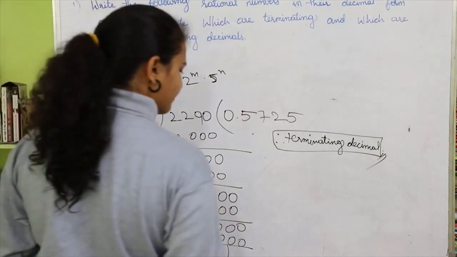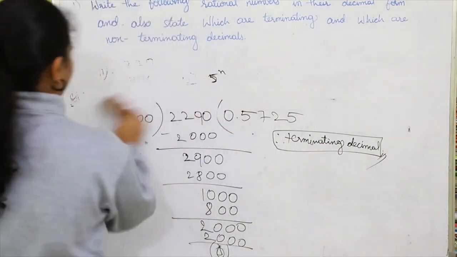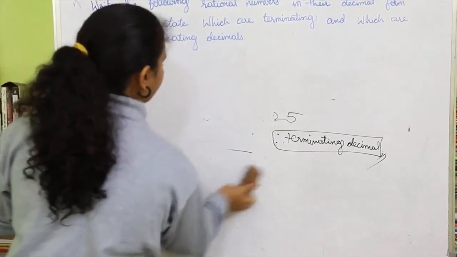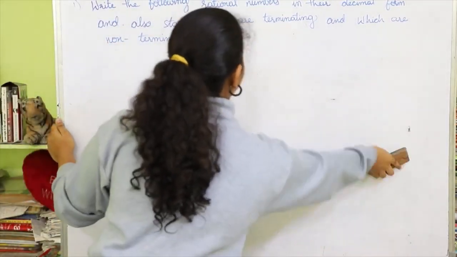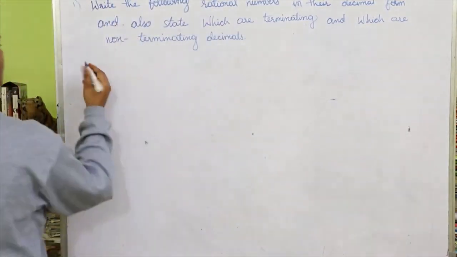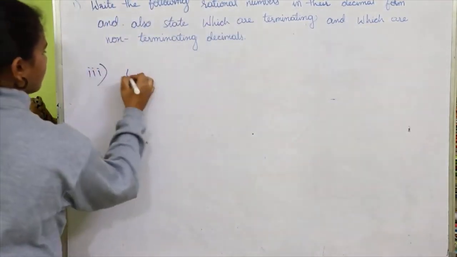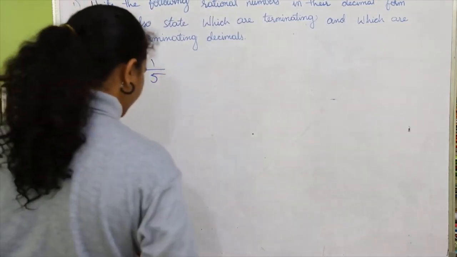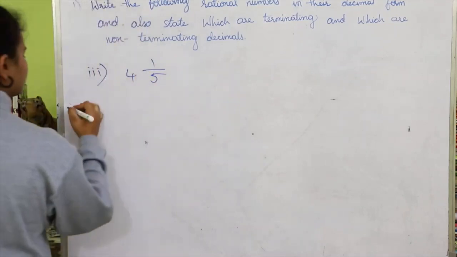Third one, 4 1 by 5. Now what happens here, 4 1 by 5, this is in the form of a mixed fraction, right?